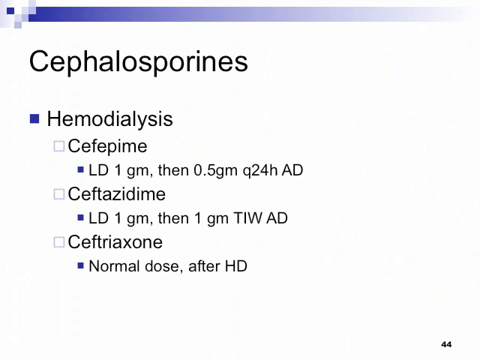Then you switch to ceftazidime, because you give it 3 times a week, after hemodialysis: the patient goes to the hemodialysis center, and after that receives the ceftazidime. The same with ceftriaxone. You give the normal dose, timed after hemodialysis. This means 1 gram Q24.